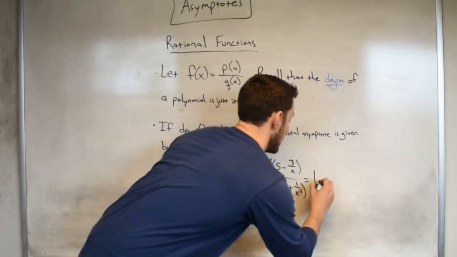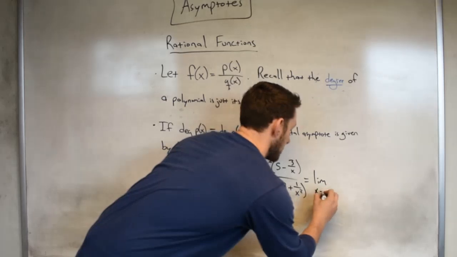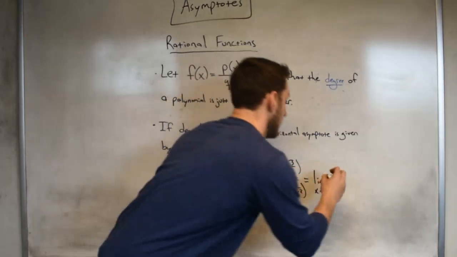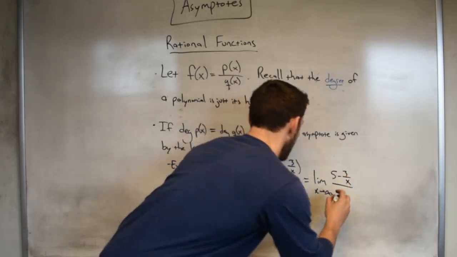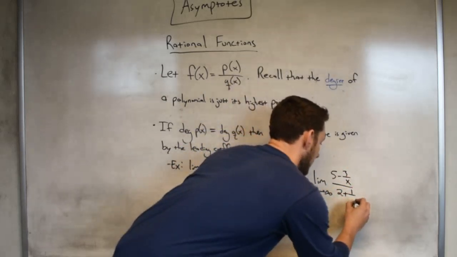This just gives me the limit as x approaches infinity of 5 minus 3 over x divided by 2 plus 1 over x squared.